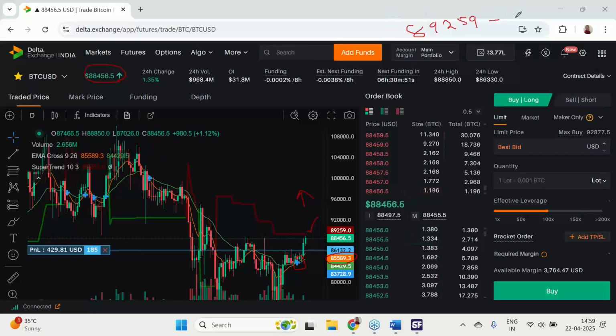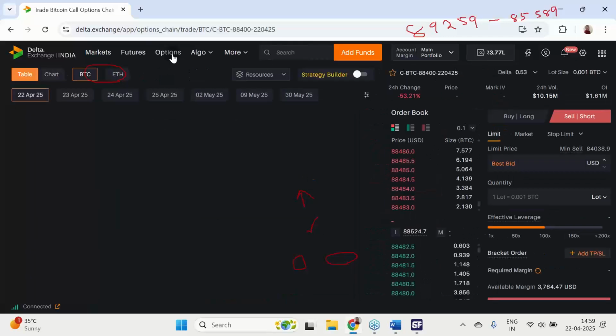Above 89,000 it is going up, and if we fail to hold that, 85,589 will be the level it has to fall to. Based on this, say some traders who are more convinced towards the downward trajectory will be thinking to buy the 85,000 put option.